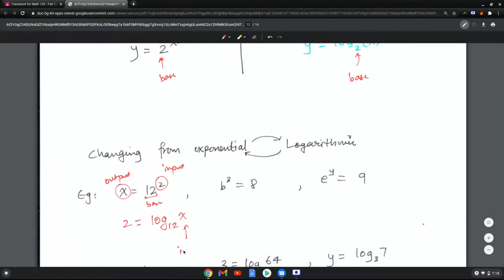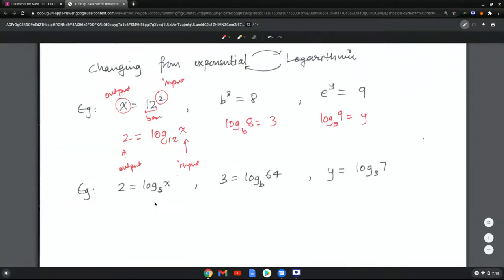And this is now my input, whereas this is my output. So same here, I would say log, the base is still b. That's the output becomes the input, and the input becomes the output. Similarly, log base e, output and input switched.